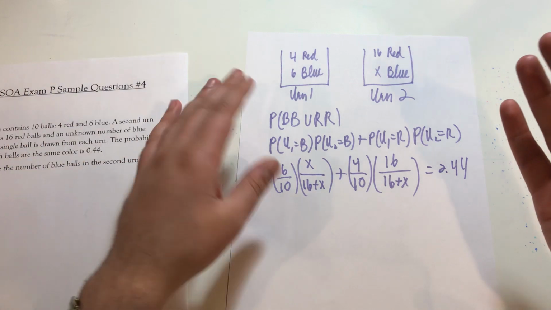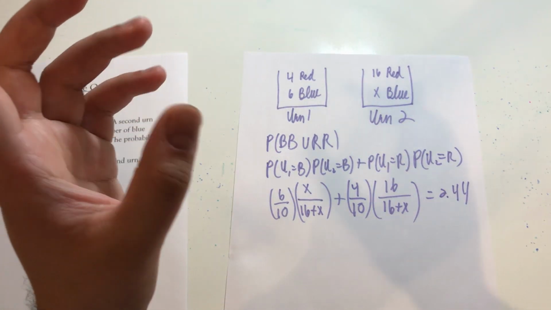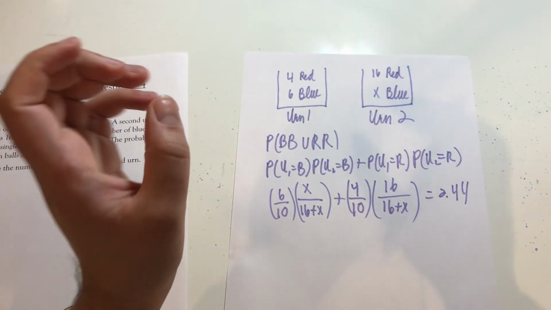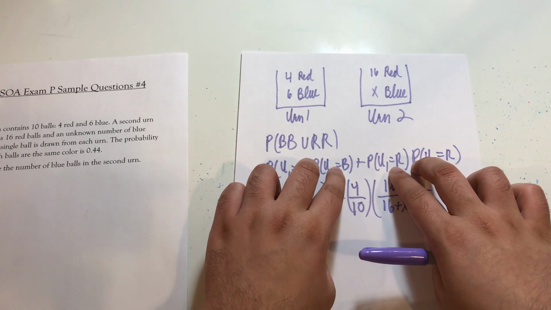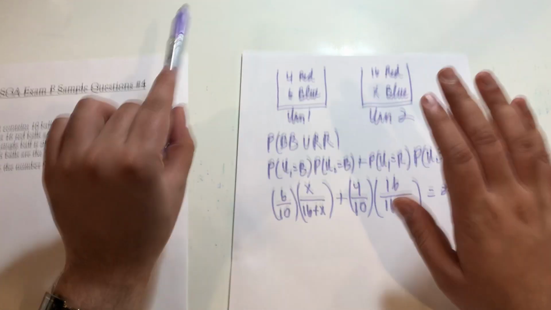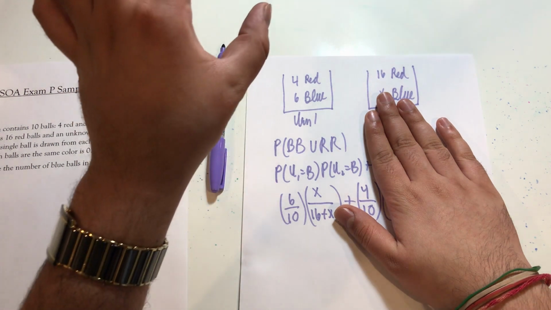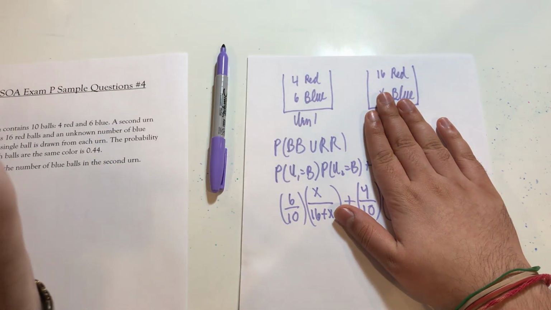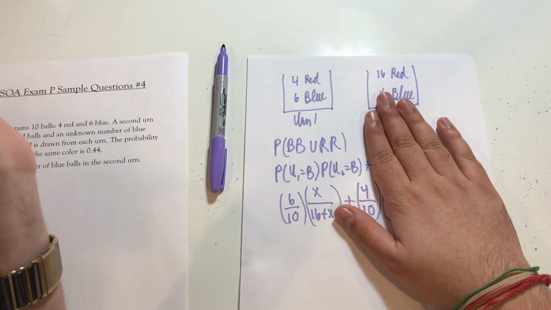Since I'm doing kind of an OR, because the situation is either they're both blue or they're both red, I can sum both those possibilities. So the probability that they're both blue would be the probability that I select blue from the first urn times the probability I select blue from the second urn.